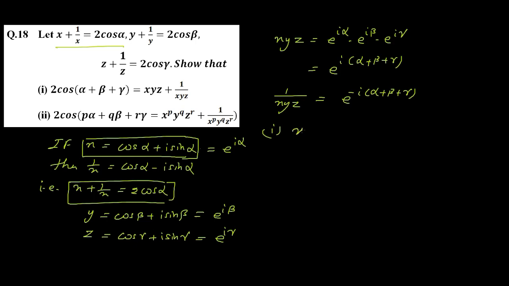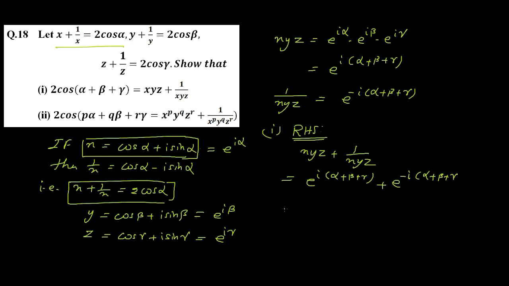Here what is there, xyz plus 1 by xyz. So I'm just going to start from the RHS side, and in the RHS we have xyz plus 1 by xyz. So this is e to the power iota alpha plus beta plus gamma plus e to the power minus iota alpha plus beta plus gamma.